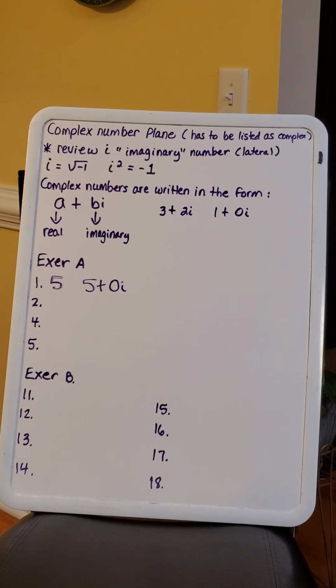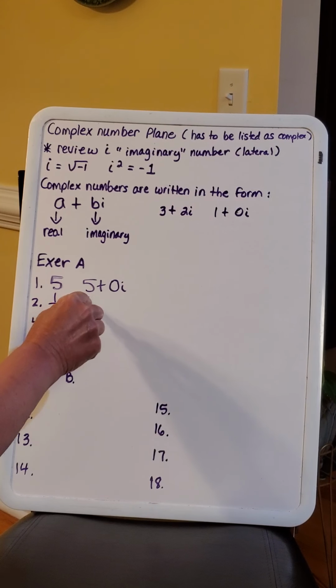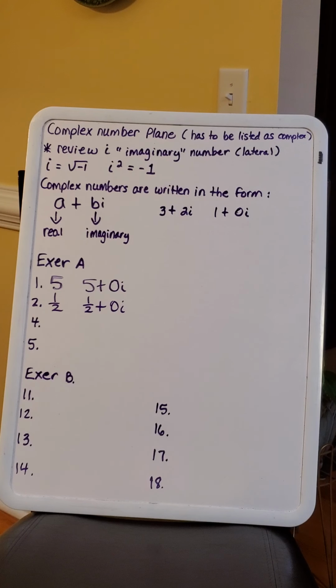I put 0 because they're not telling you specifically what to put, so you can just put 0. Number 2 is 1/2, so 1/2 plus 0i.